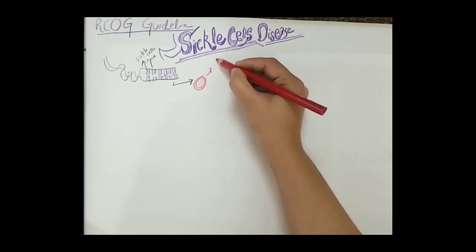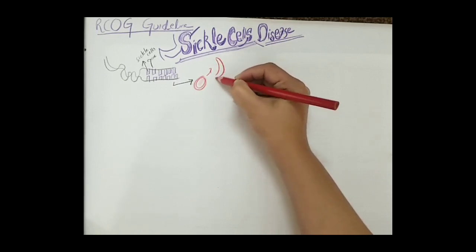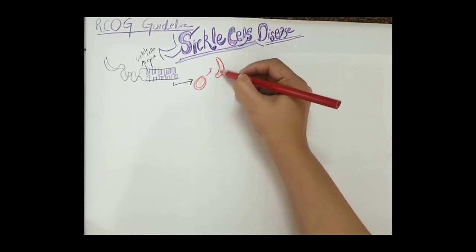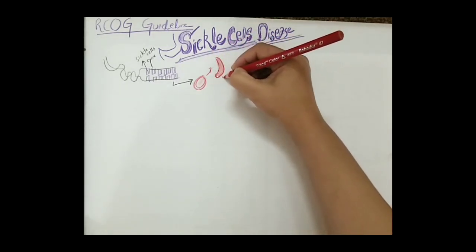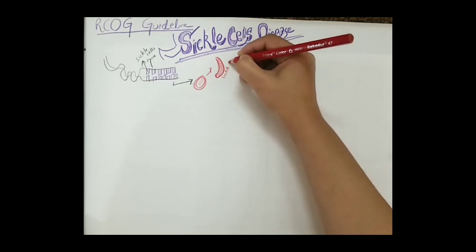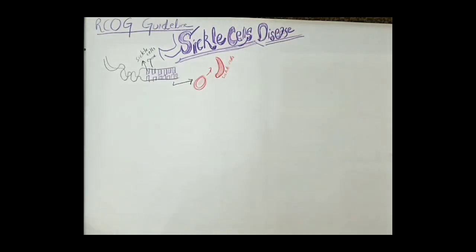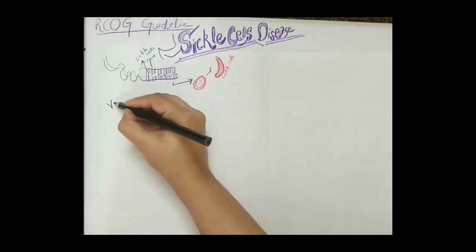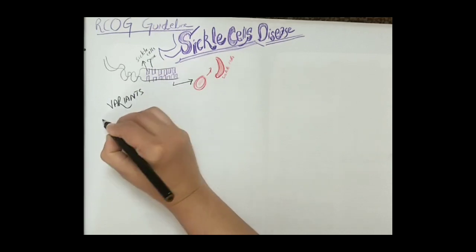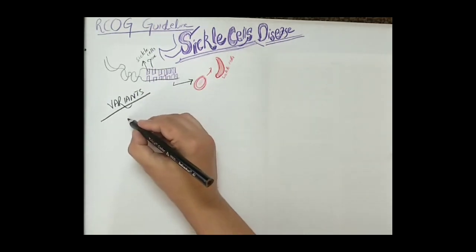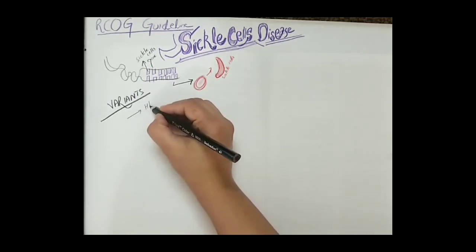When the structure of the hemoglobin is affected, the shape of the red blood cell is changed from the normal biconcave shape to the sickle cell shape. Okay, the sickle cell shaped red blood cell has a tendency to break down, and that results in hemolysis and anemia.